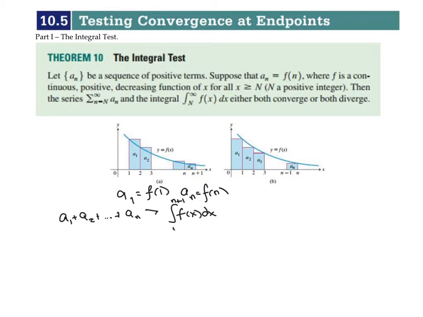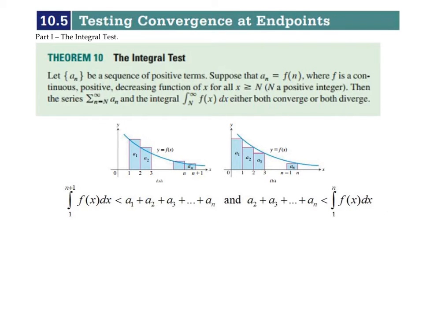And on the right side, let's notice that the sum a2 plus a3 plus ... plus an is lower than the integral from 1 to n of f of x dx. Putting this together, we have the following.